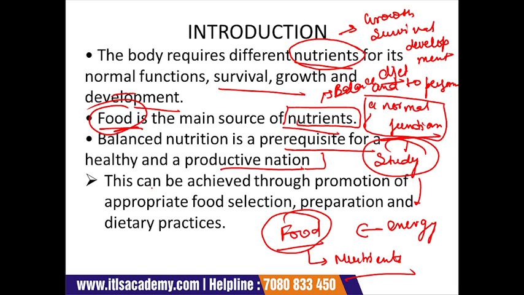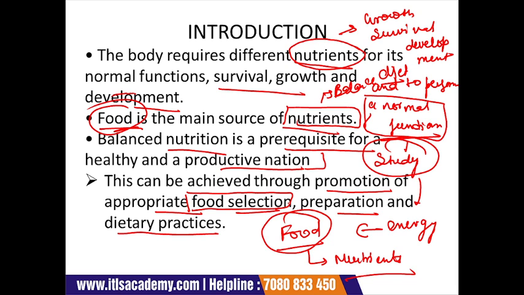Now, how do we achieve this balanced nutrition? We achieve it through the promotion of appropriate food selection, preparation and dietary practice. First of all, we have to select the proper food for balanced nutrition.